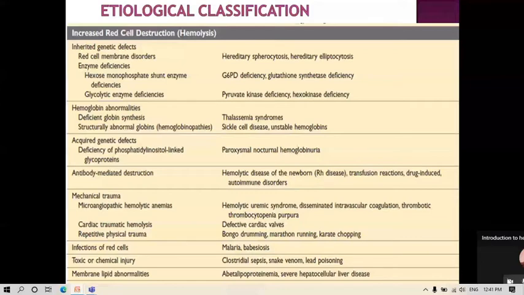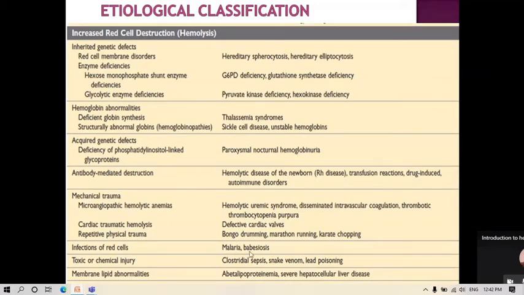And infections of the RBCs, like malaria. We all know that when we have a mosquito bite, it releases the malaria parasite. The plasmodium circulates inside the blood and goes to the liver, and stays there in the form of merozoites, and those merozoites then go and infect blood cells, and in the RBCs they grow into schizonts, and ultimately those RBCs will rupture.